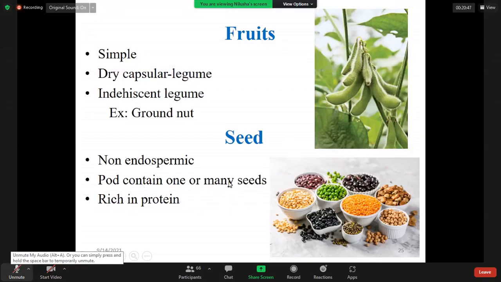The next character is that these seeds are rich in protein, because this is the legume family and it contains protein, so it is very beneficial for the human diet.